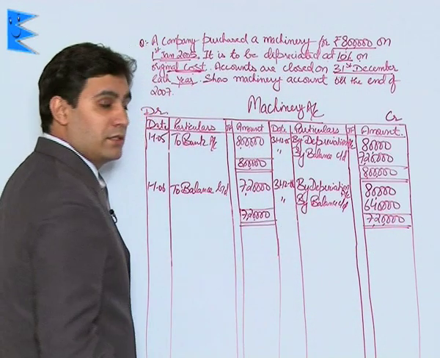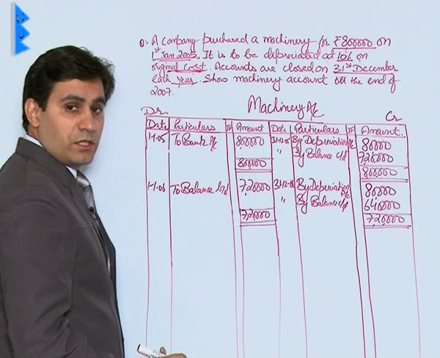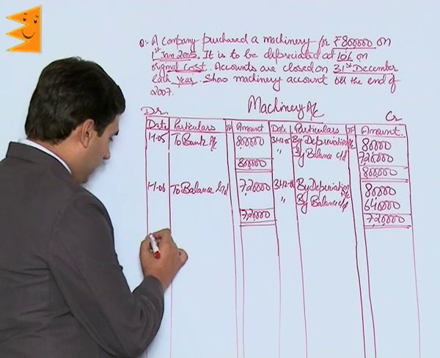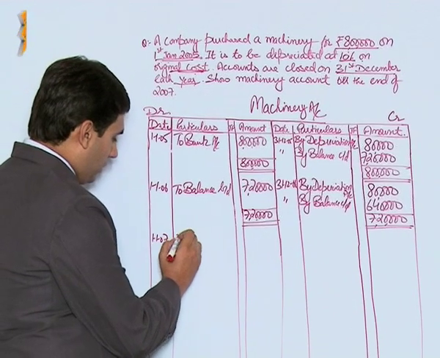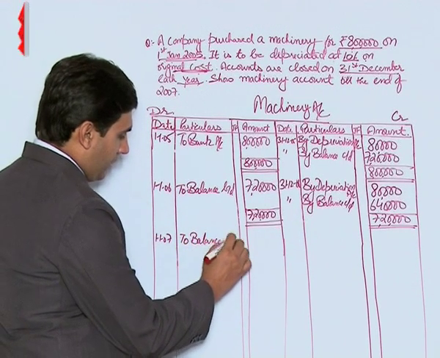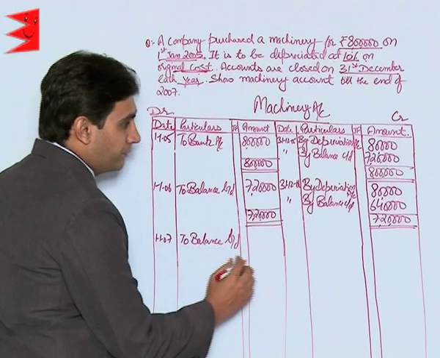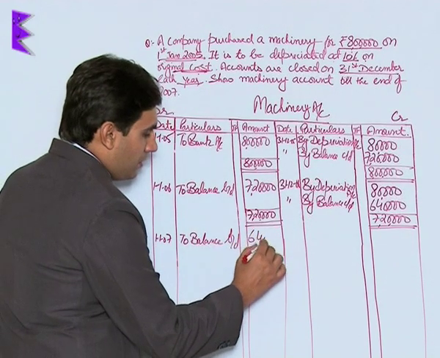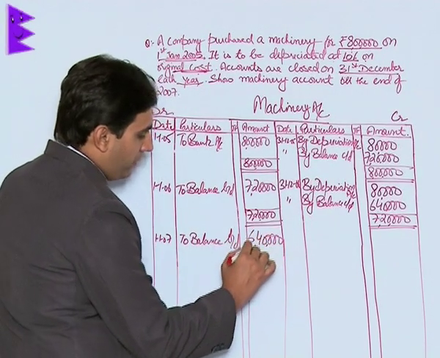Again, the closing balance in year 2006 would be brought down as opening balance for year 2007. To balance brought down 6 lakh 40,000.